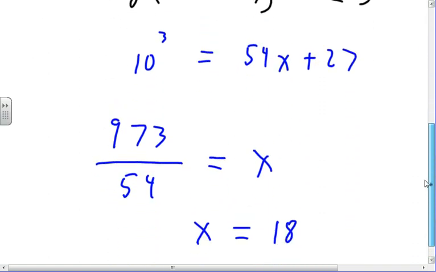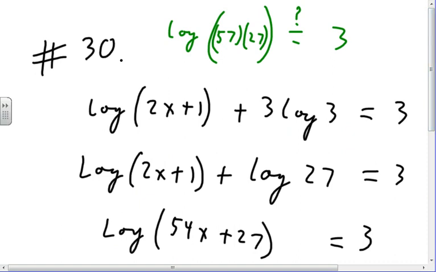It might be right. Who knows? 57 times 27 equals, log, answer, 3.18. Good enough? Yeah, probably good enough.